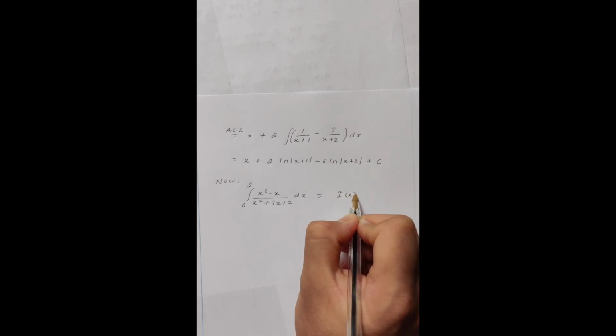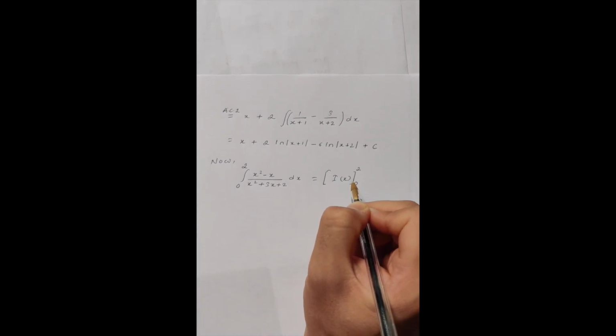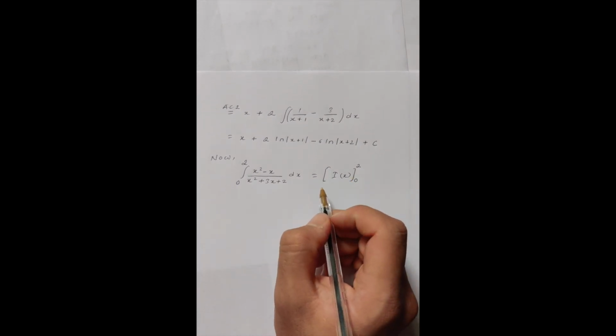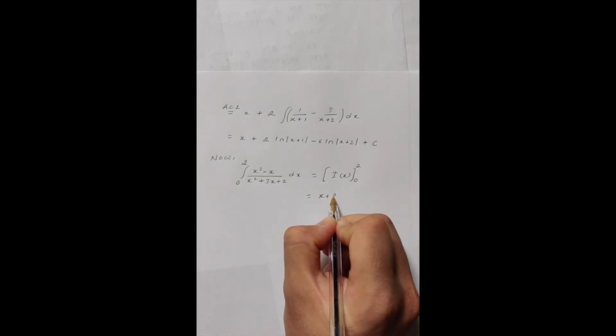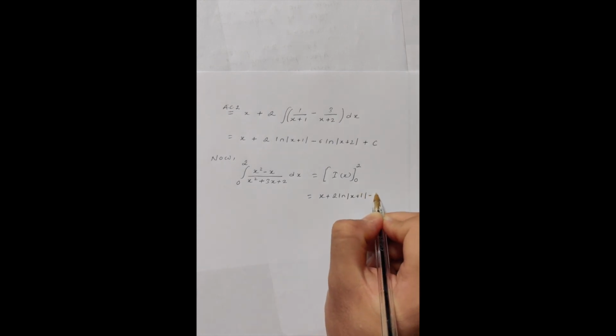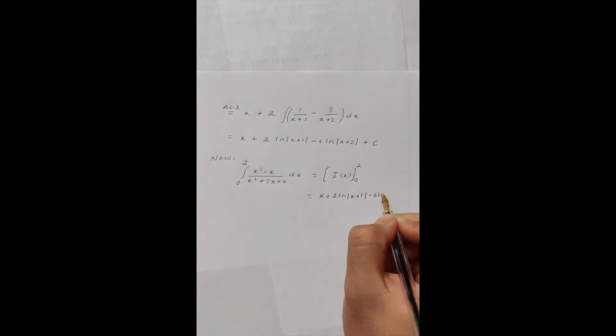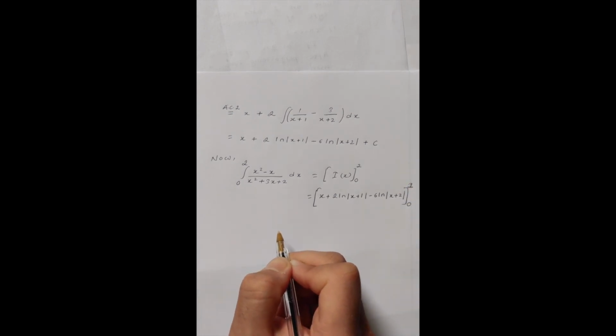At this moment we already know the integral of the function that we had at the beginning. Now we need to apply the fundamental theorem of calculus, meaning that the definite integral that we want to evaluate is given by the capital I that we obtained, evaluated at 0 and 2.